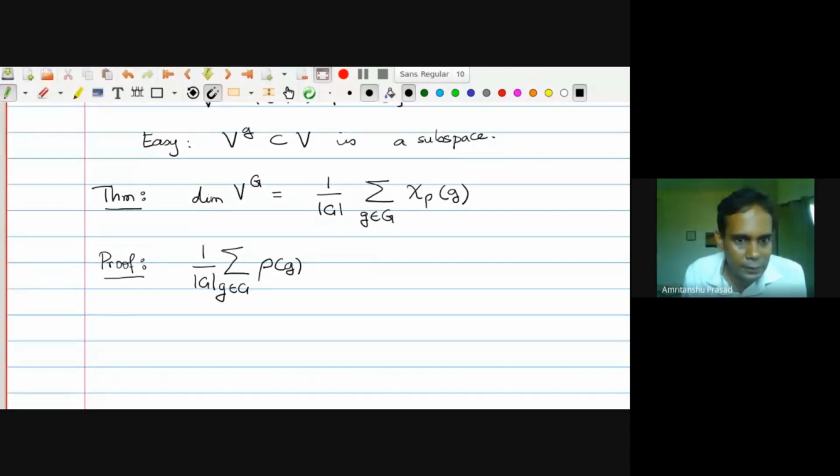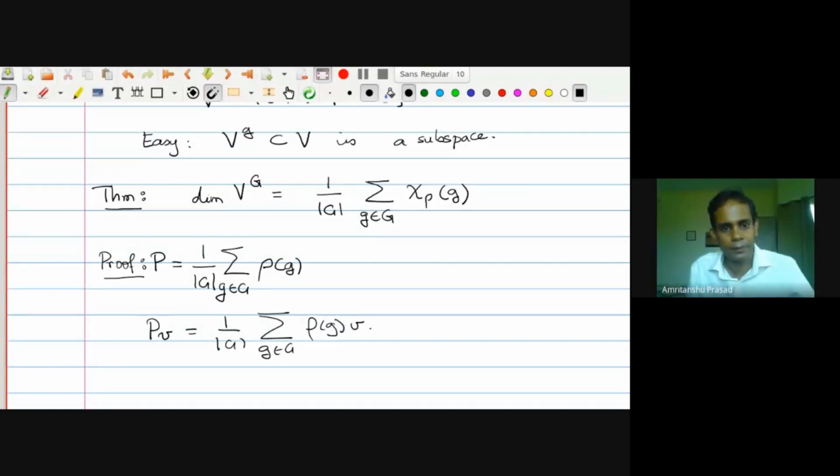Let's call this P. Okay, so this is a linear map: P(v) is 1 over |G| summation g in G rho(g)v. You can think of P as a linear transformation. It's the averaging of all the values of the representation.